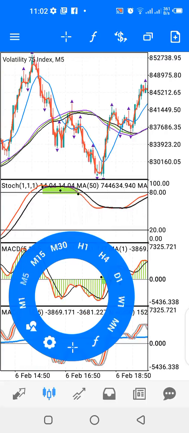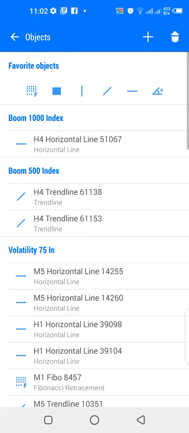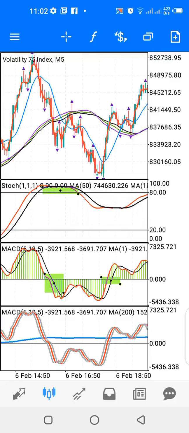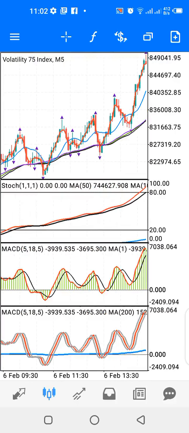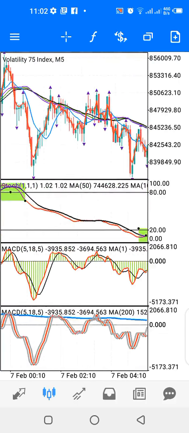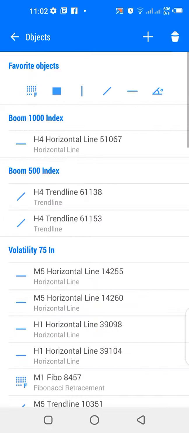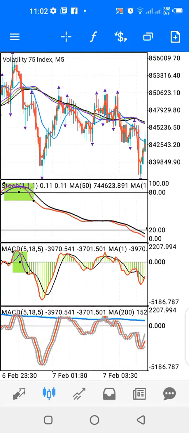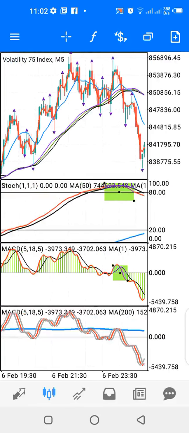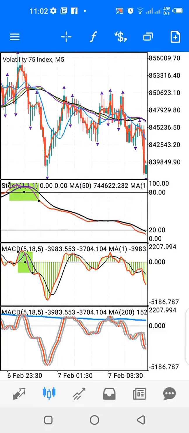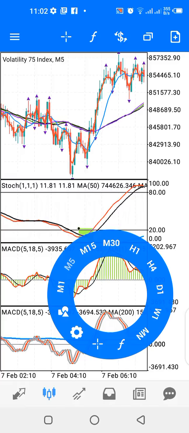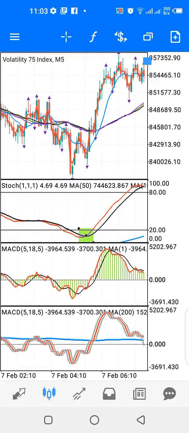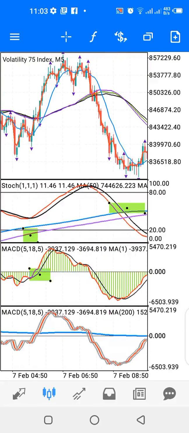Okay, when it crosses below the 0 level, we have sell signal. When the red and the black line crosses down below the 0 level, sell signal. When it crosses up, let's look for where it crosses up. Okay, there's a cross up around here for us to have buy signal.